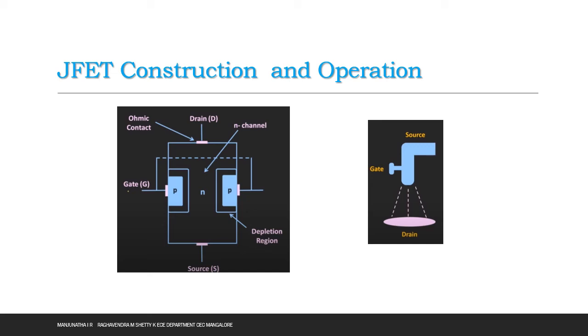When you compare this knob to the gate, as the knob controls the water flow from the source to drain, here the gate will control the current which flows from source to destination.